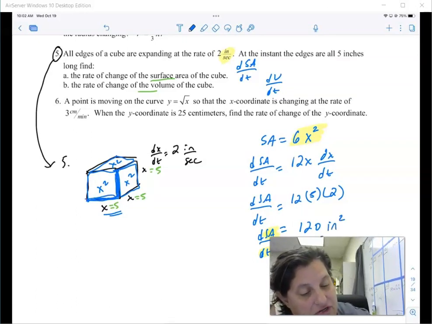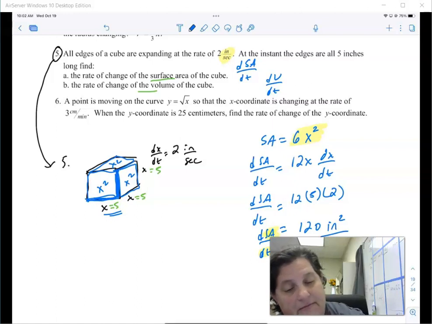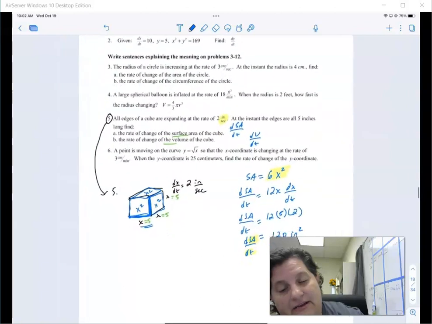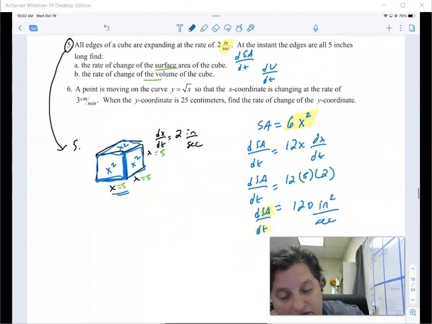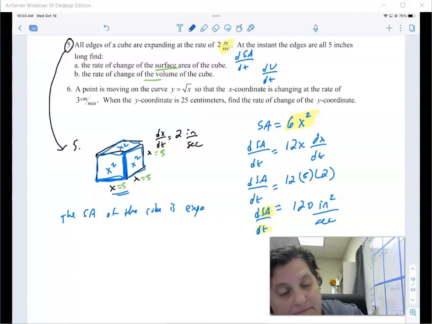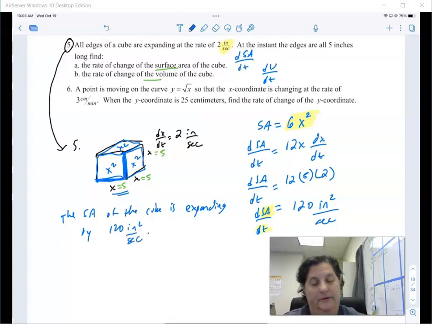That's going to be inches squared. That's what surface area would be per second. Okay? And it says to write a sentence explaining it. So the surface area of the cube is increasing by 120 inches squared per second.